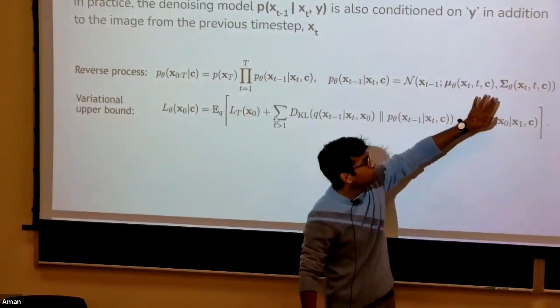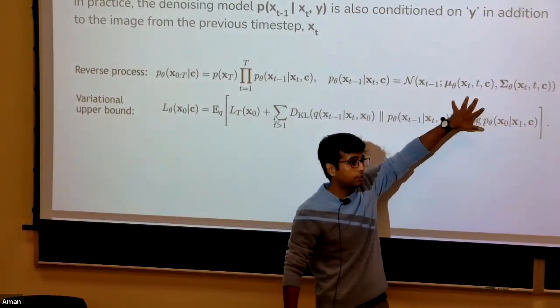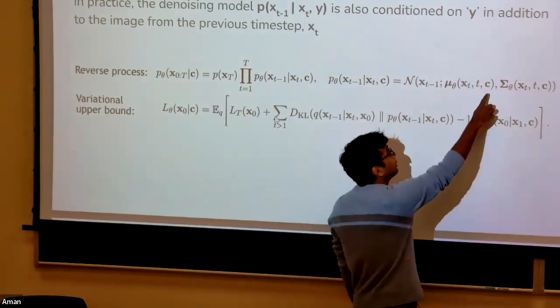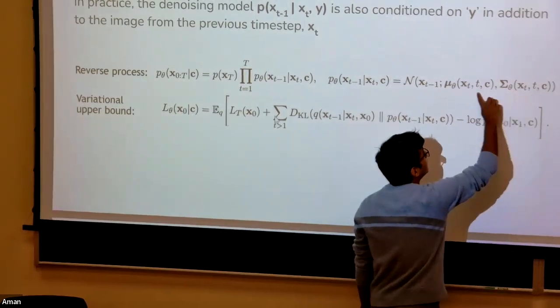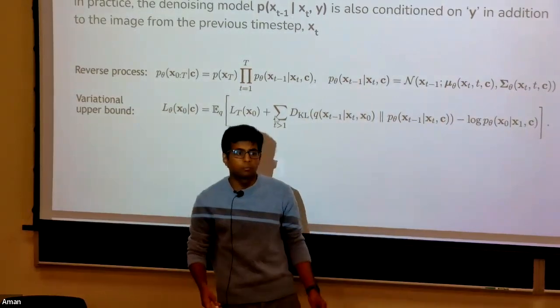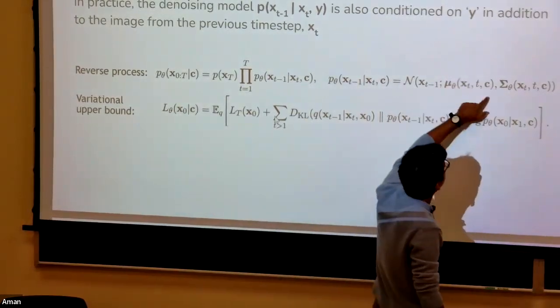So these two networks, which predict the properties of the distribution, also now take into account the conditioning signal C. This C is the same as Y in the text. So just make the assumption that all the Y's here are just C.